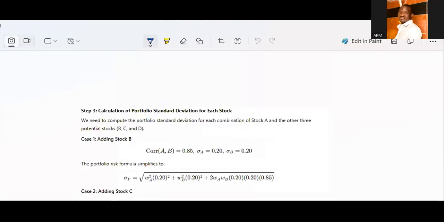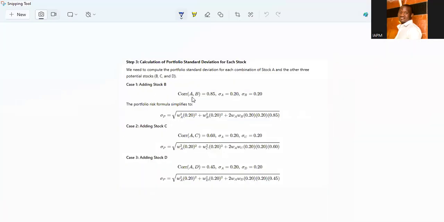So we start by adding stock B, correlation AB, which is that one. Standard deviation for A, standard deviation for B, when you put it in there, you get your result. Of course we don't have the weights there, just to justify your answer. Then when you add stock B, this is that. Stock D, this is that.